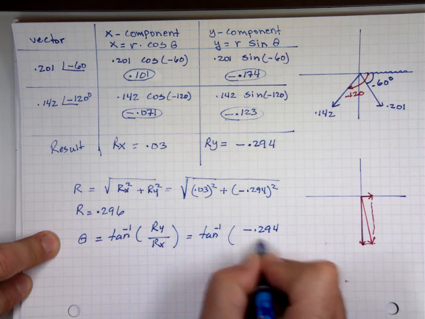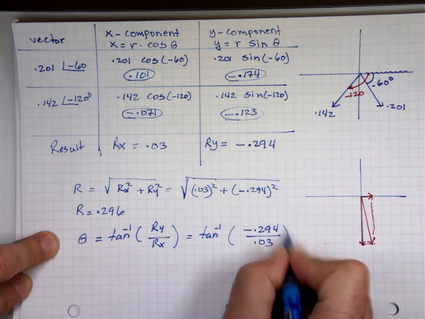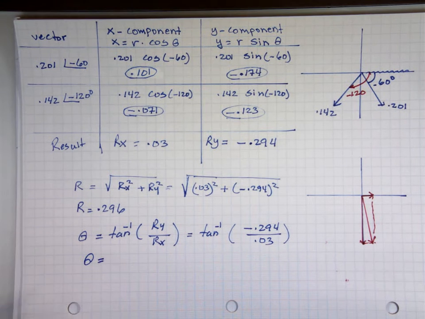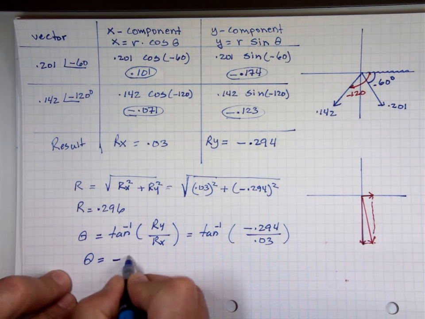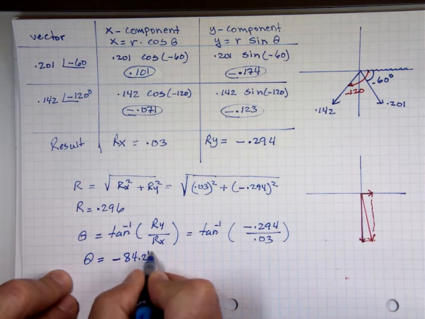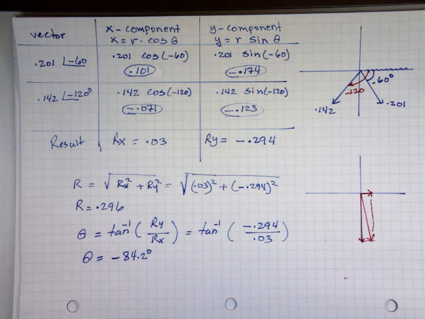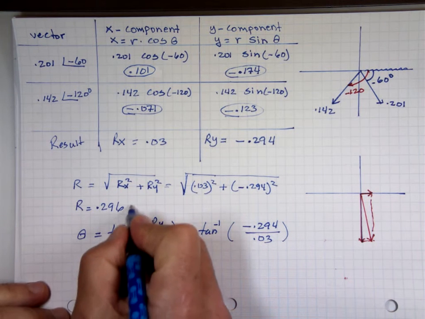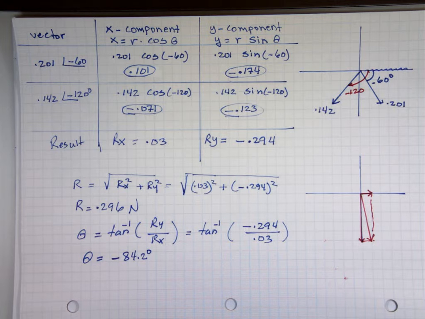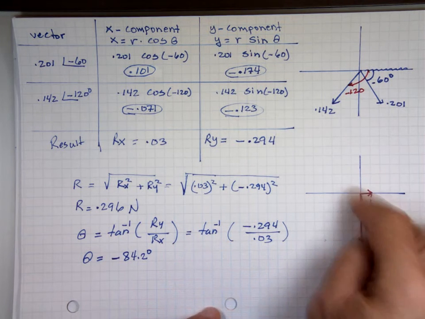X is 0.03. And it's negative 84 degrees. So the net result is 0.296 Newton. The direction of that is going to be 84.2 degrees negative in that direction. That's what the net force is.